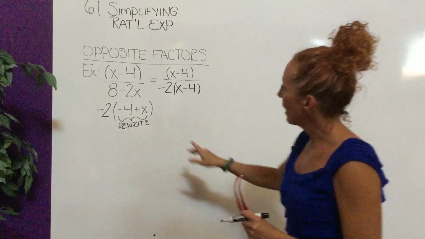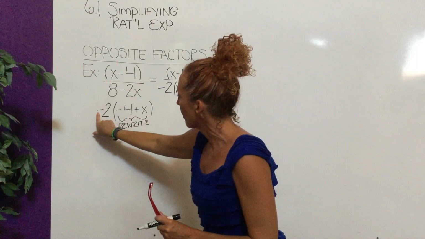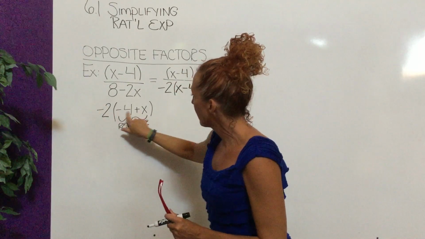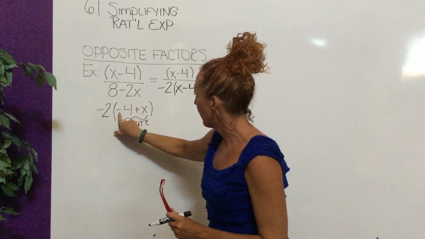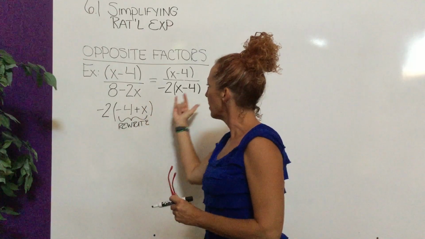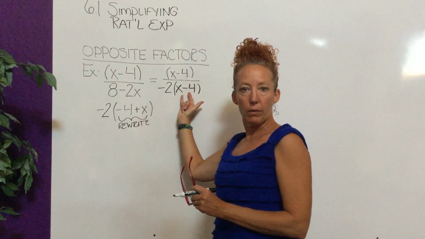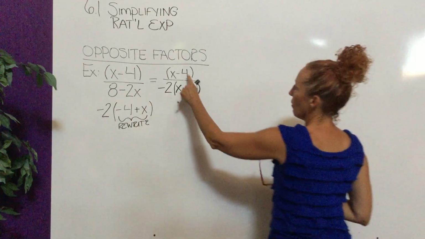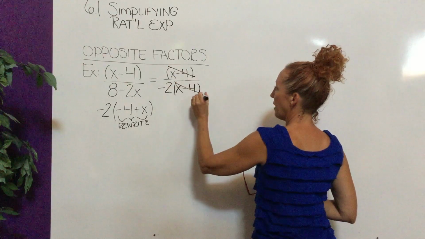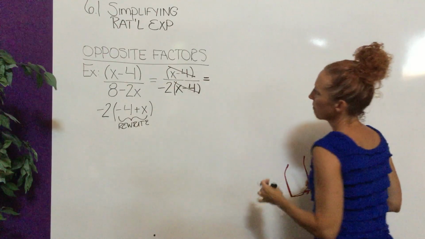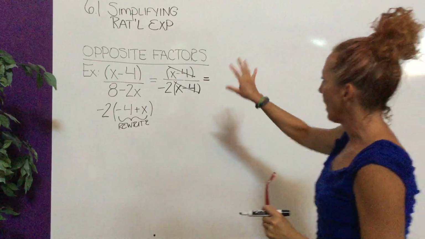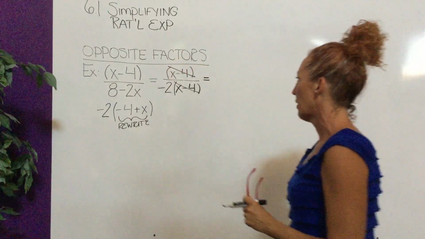And so, again, I pulled the negative out here, so it reversed the signs inside the parenthesis, so I could switch the order of how I wrote it. And now, x minus 4 matches with x minus 4. This might be the first time that I didn't end up with a numerator.